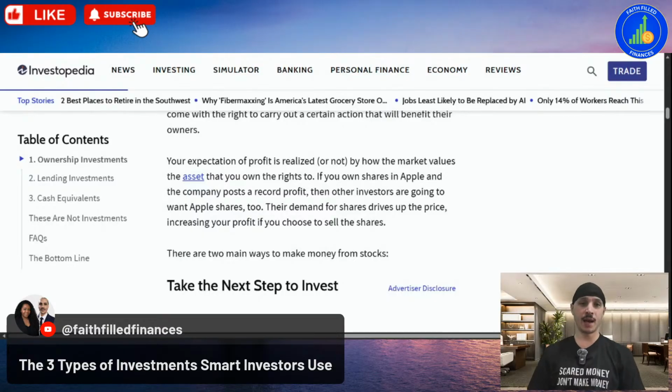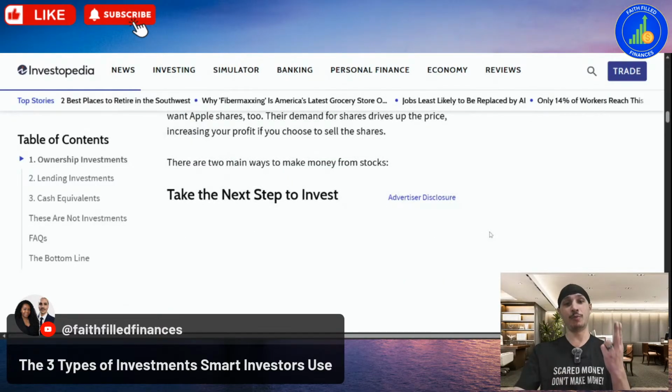If you own shares in Apple and the company posts a record profit, then other investors are going to want Apple shares too. That's right. Their demand for shares drives up the price, increasing your profit if you choose to sell the shares.